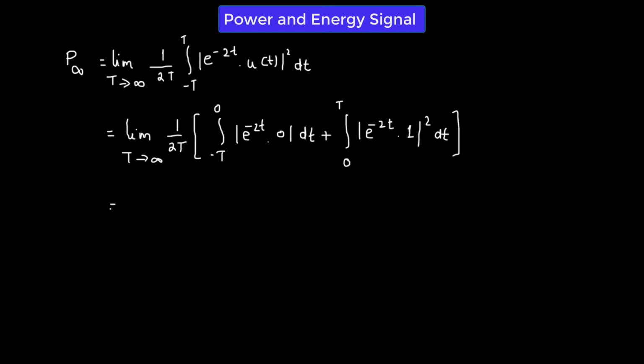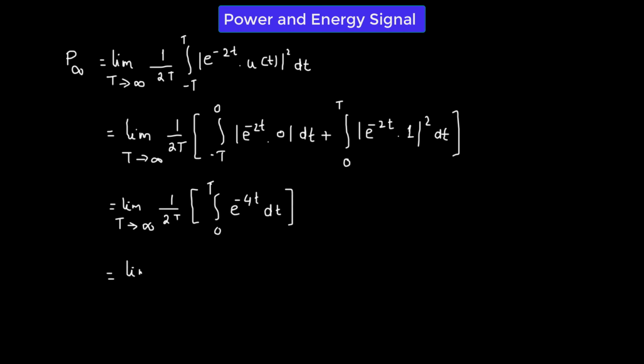So this will be equal to the limit as T goes to infinity of 1 over 2T. The first integral is 0. We are left with the second integral, from 0 to T of e raised to the power of negative 4t dt.